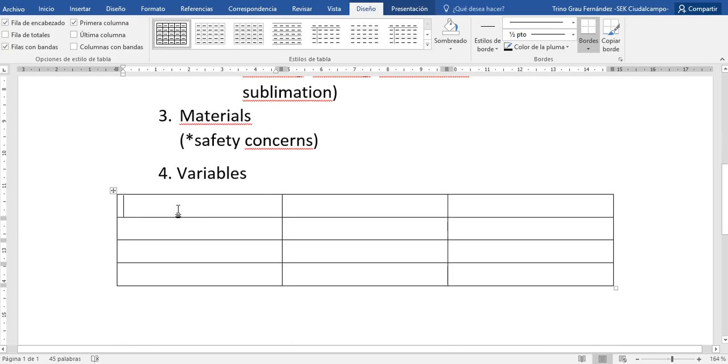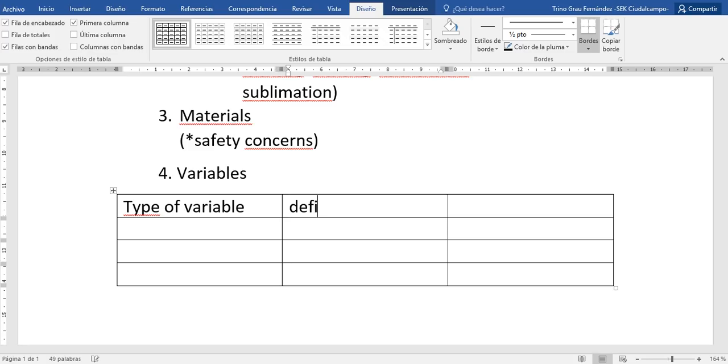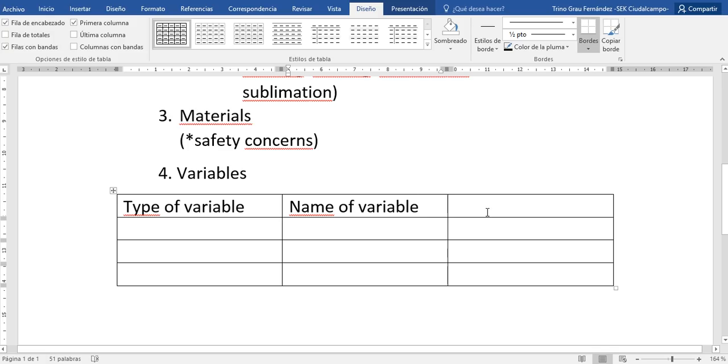This is the type of variable, the name of variable, and the definition.